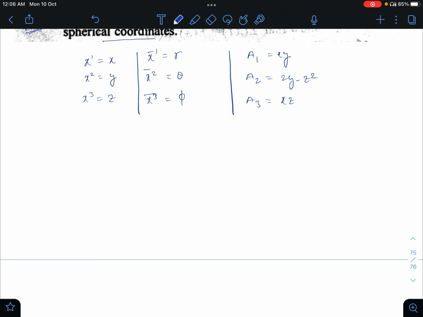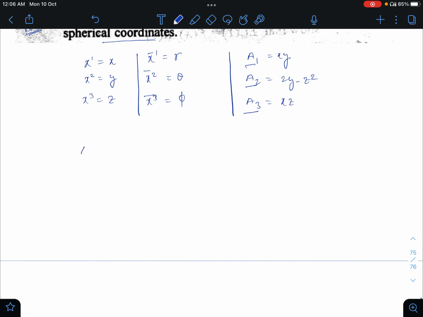So this tensor transforms into spherical coordinates, and the coordinate transform law is given as ai bar is equal to a alpha delta x alpha upon delta x bar i, where alpha runs over 1, 2 and 3.